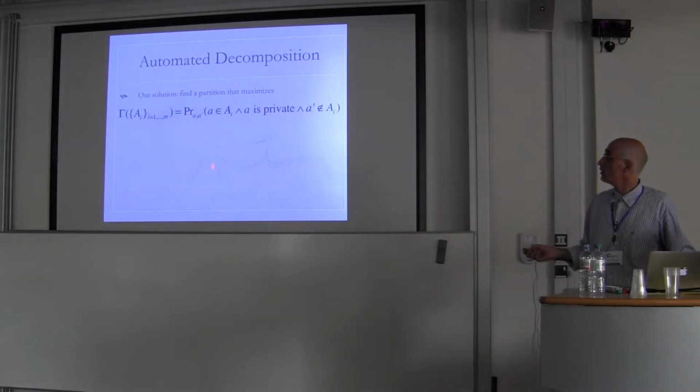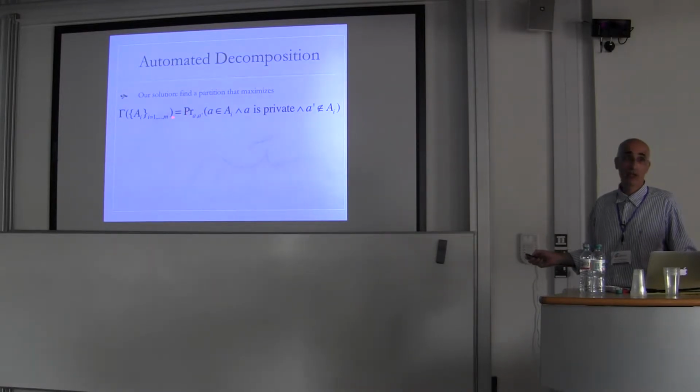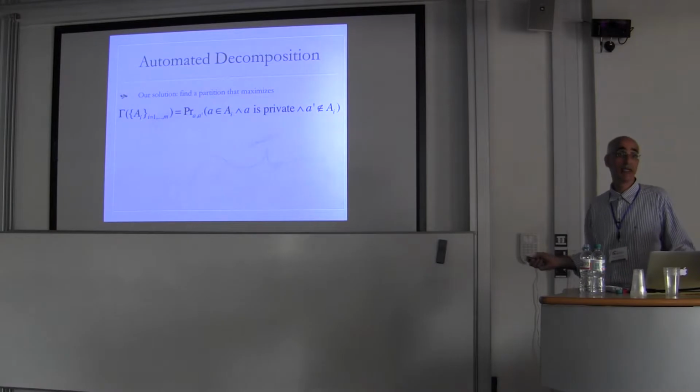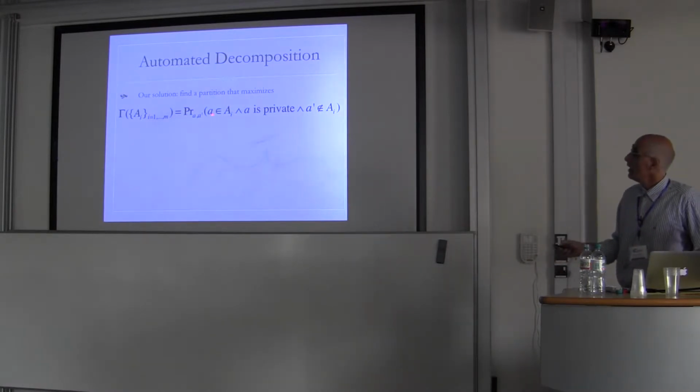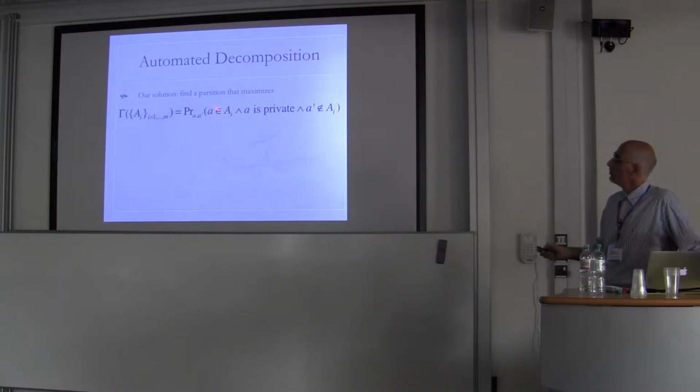Here's a way to try to balance both: a measure for the goodness of a partition. This measure looks at the proportion of pairs of actions that satisfy this property, that A is an action private to agent I, and A prime isn't an action of agent I. Any two actions with this property can commute.